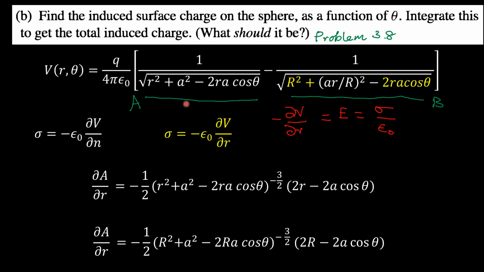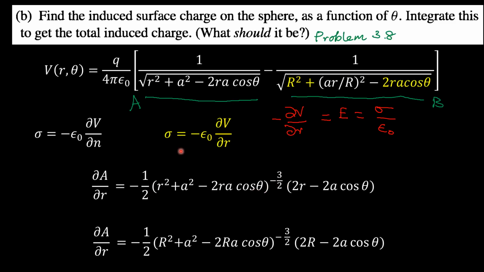First you differentiate this. The square root term can be written with power minus 1 over 2. If you differentiate this, you will get minus 1 over 2 times the terms inside the square root to the power minus 3 by 2, because you are differentiating.